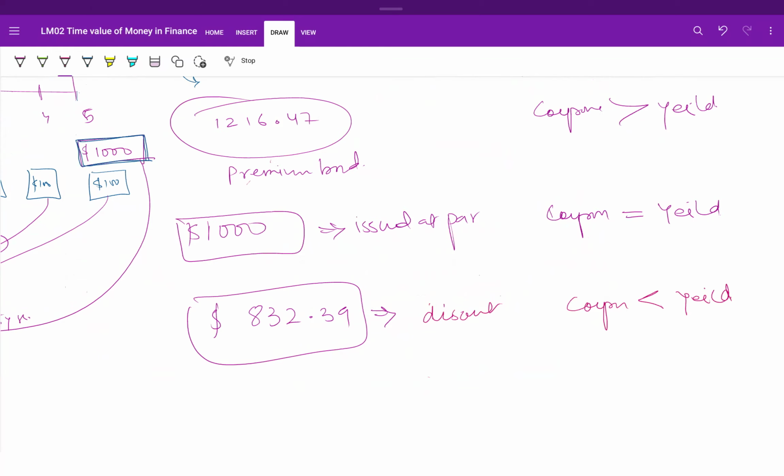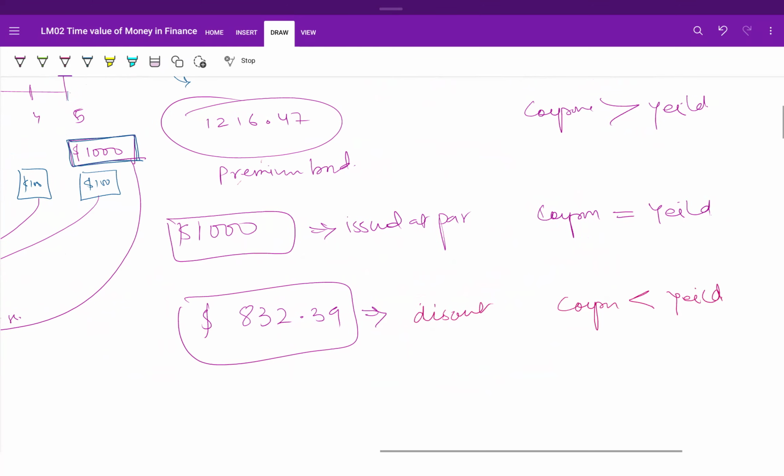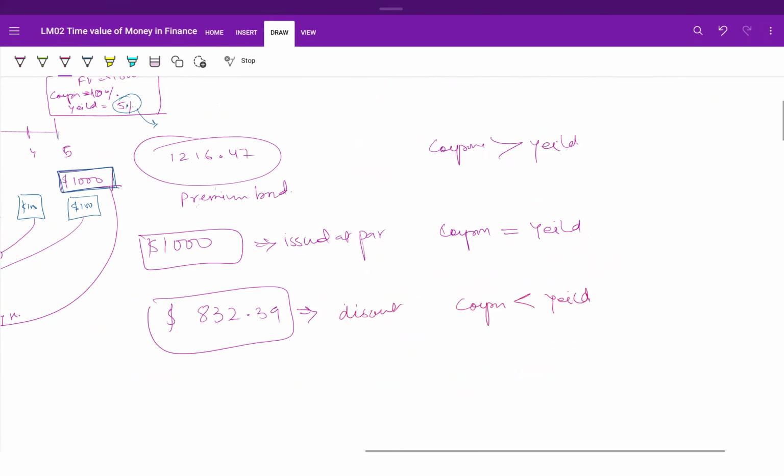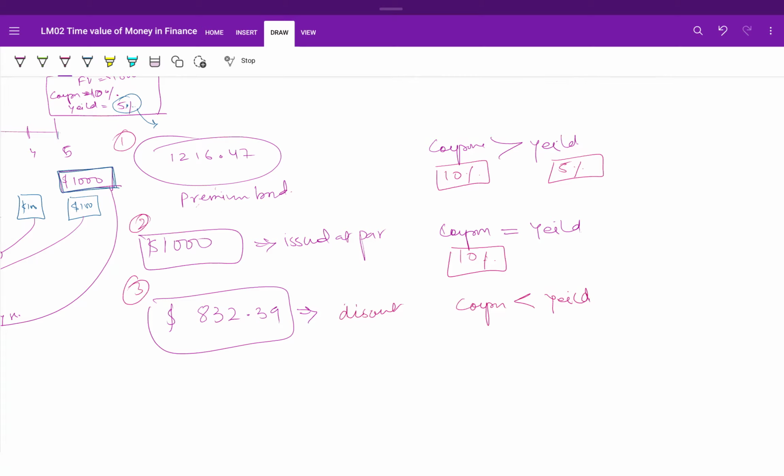Let me show you one more time what I have written here. In case number one, case number two, and case number three, in the first case the coupon payment was 10% and the yield was 5%. Here the coupon payment was 10% and the yield was 10%. Here in this third case, the coupon payment was 10%, but the yield was 15%.